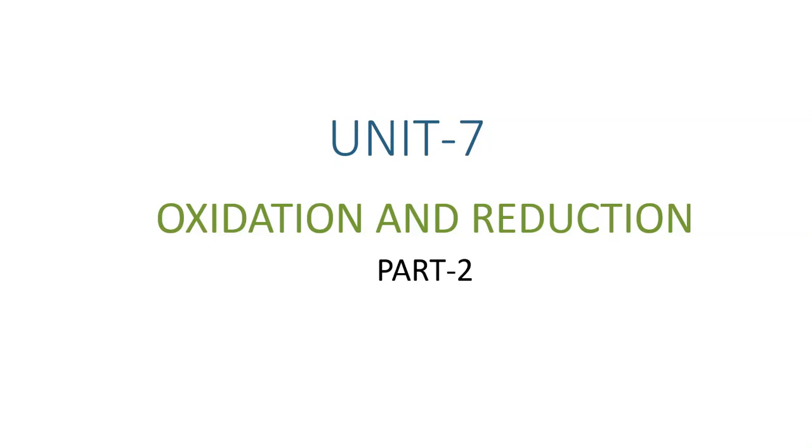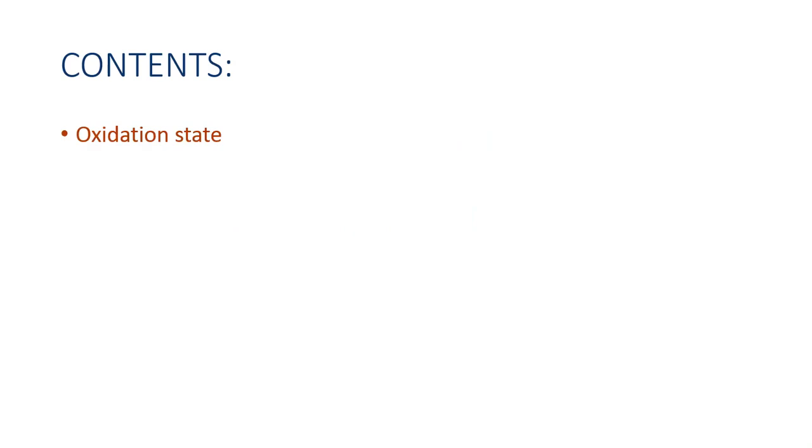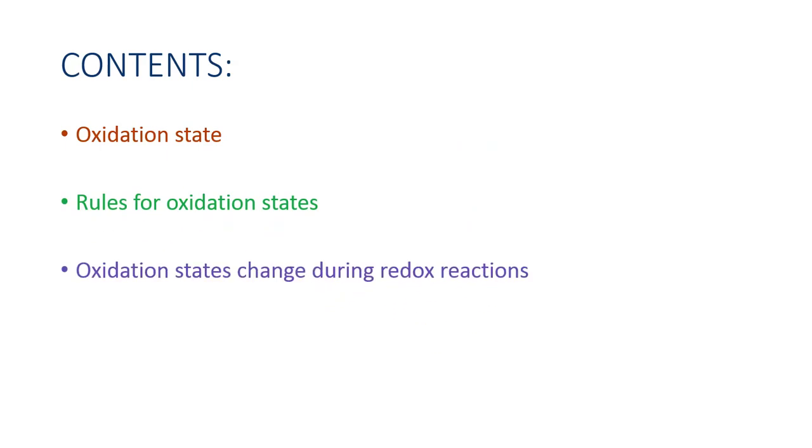Now we are going to learn another definition for oxidation reduction reactions. Contents are oxidation state, rules for oxidation states, oxidation states change during redox reactions, oxidizing and reducing agents.